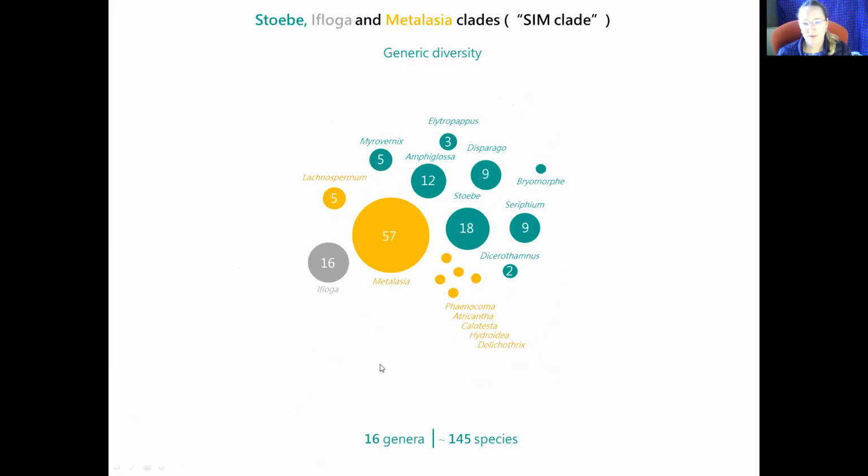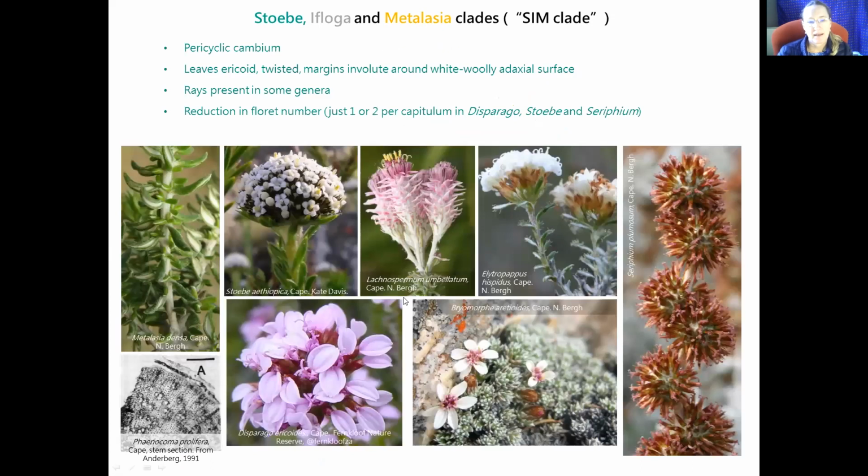And there's about 150 species in 16 genera, with the largest genus being Metalasia. And these species are characterized by a very unusual form of secondary thickening entailing a pericyclic cambium in the stem. The leaves are generally ericoid and twisted, and the margins are involute around a white woolly adaxial surface, which is exactly the opposite of what was in the Relhaniinae, interestingly enough.